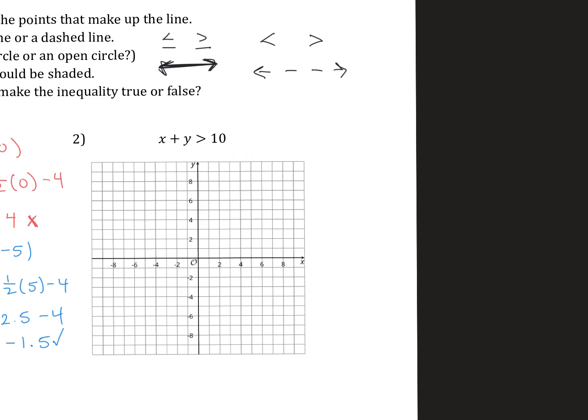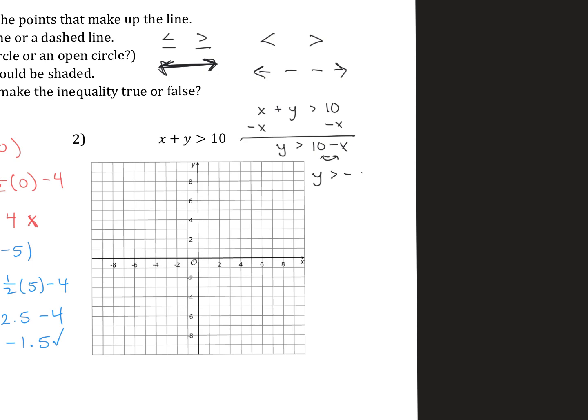Okay, before we can do anything else, we need to get this equation in slope-intercept form. So I need to get y by itself, so I subtract x from both sides. I know I can't actually subtract x from 10, so I just write it as 10 minus x. And then to put this in slope-intercept form, I just need to flip those.